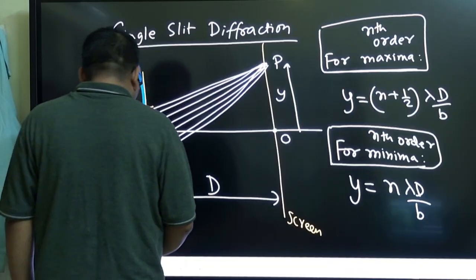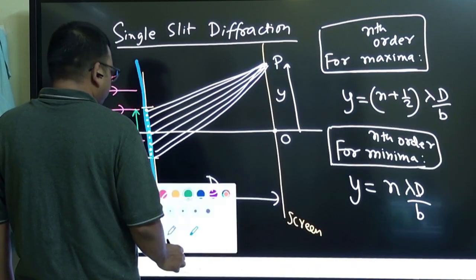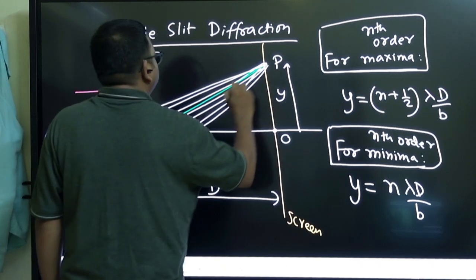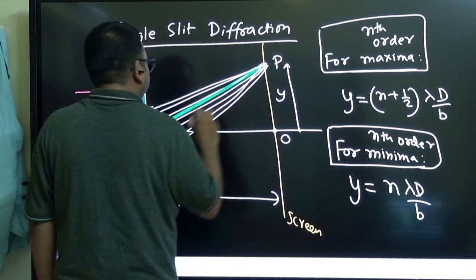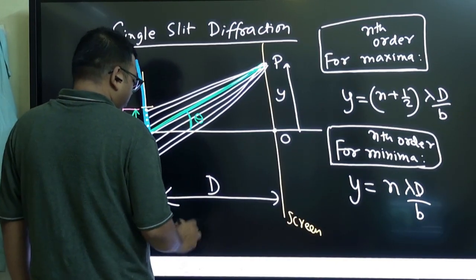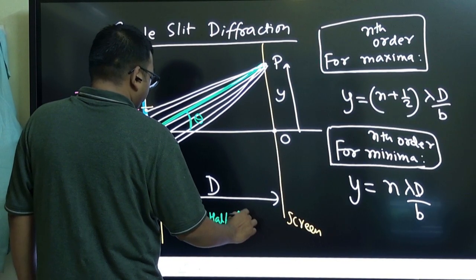But also note here what is called angular width. Angular width means if I take this center line, this line will be making angle theta here with the x-axis. So this theta is called half angular width.